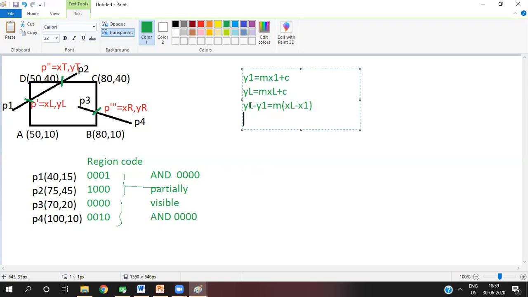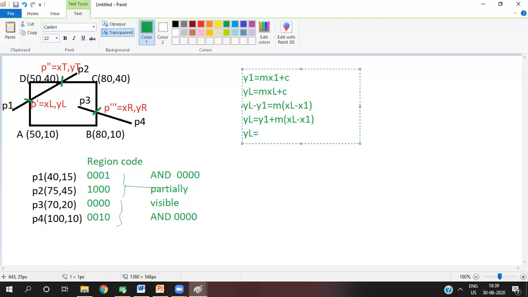Or simply rewrite it, yl is equal to y1 plus m times xl minus x1. YL is not known in this case.